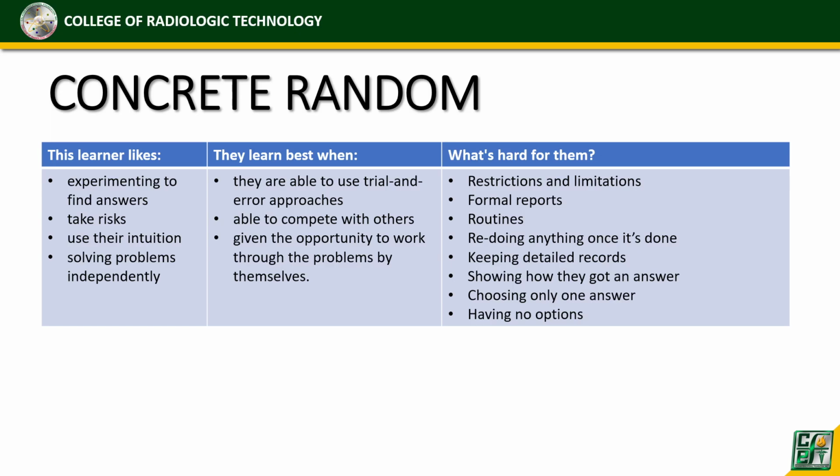Okay? They learn best when they are able to use trial and error approaches. Naku, kabaliktaran to ng abstract sequential. Diba ayaw niya ng paulit-ulit? And trial and error, paulit-ulit.